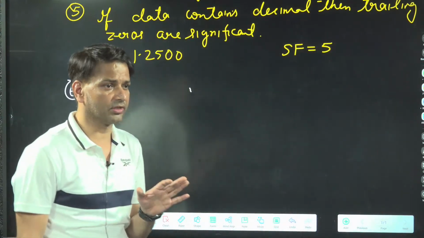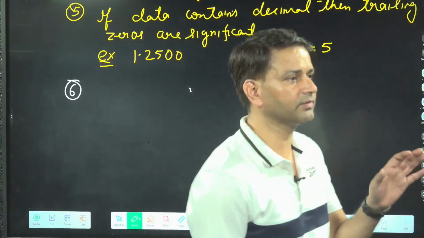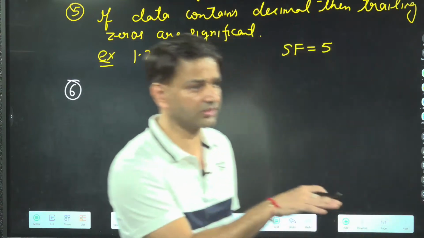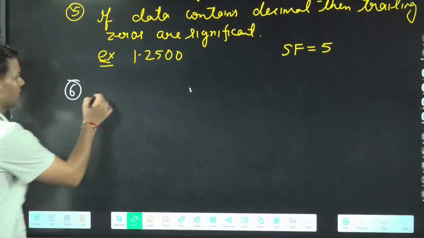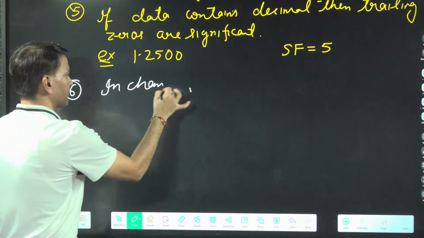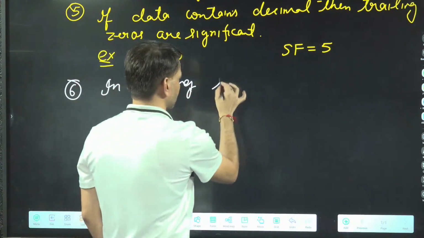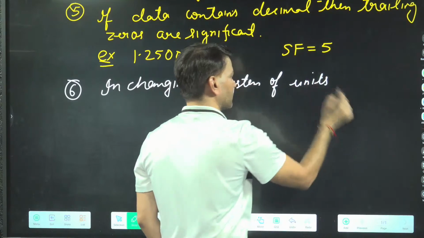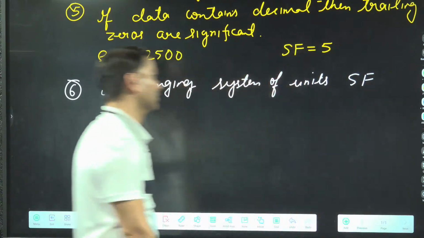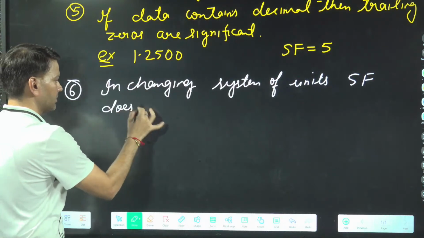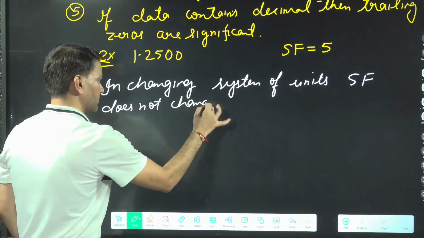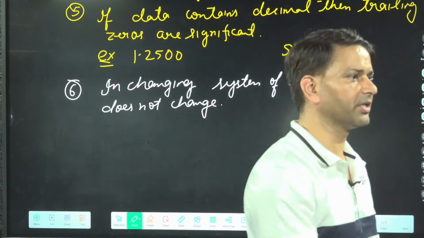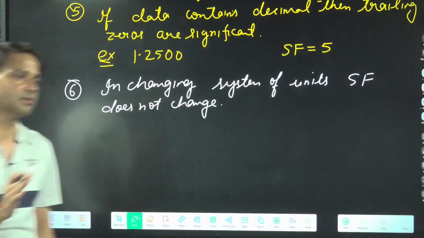In the conversion of unit, we don't change the number of significant figures. Significant figures do not change when changing the system of unit, like from kilometer to meter. I cannot change the significant figures.